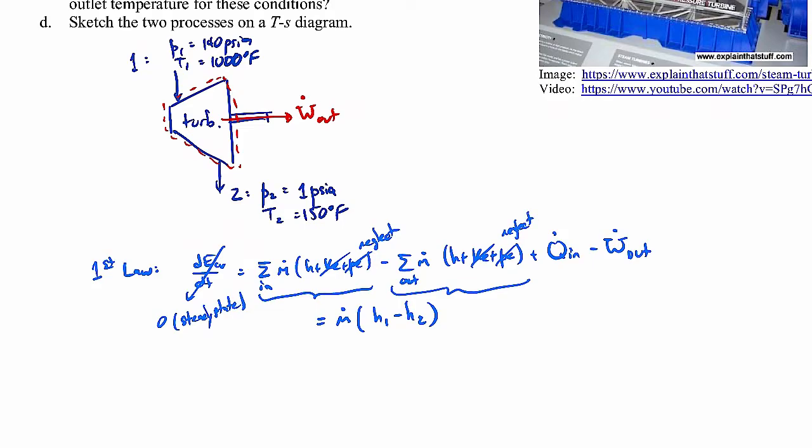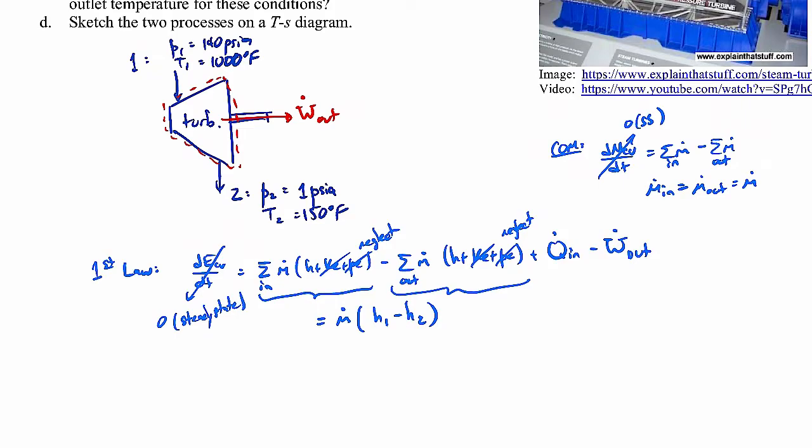We were told to do that. And then I've also used conservation of mass, which if I just work it out over on the side here, is pretty straightforward. Again, dm/dt is 0 because it's steady state. We have one inlet, one outlet, so they're the same. We'll just call it m dot for convenience.